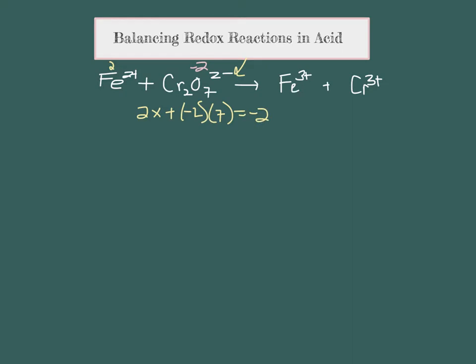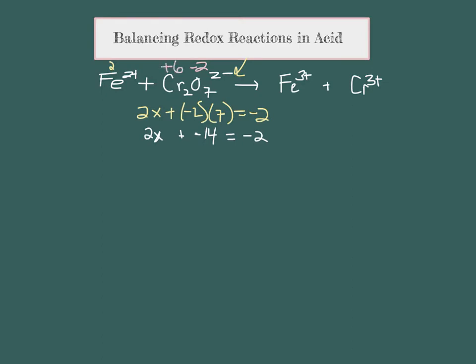Then I'll rearrange my algebra. This part is -14 plus 2x equals -2. Add the 14 over, divide by 2. My chromium's oxidation number is +6.